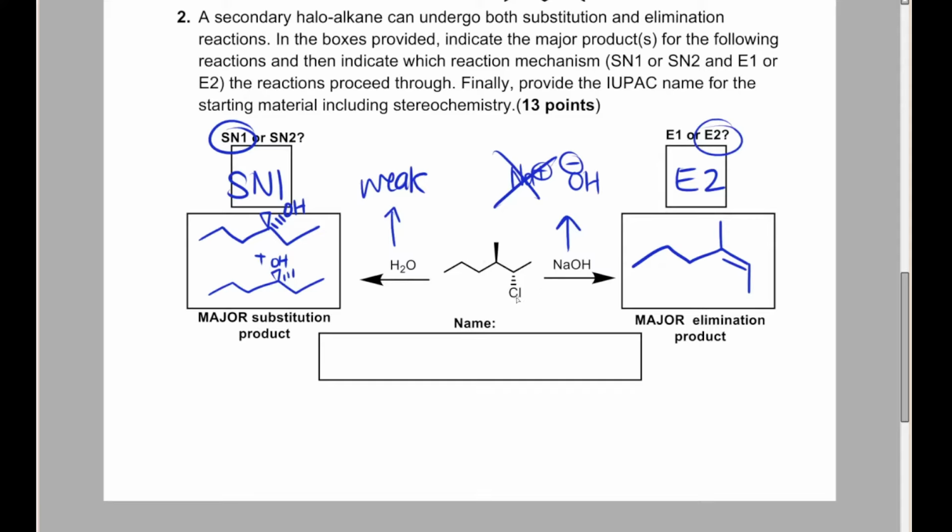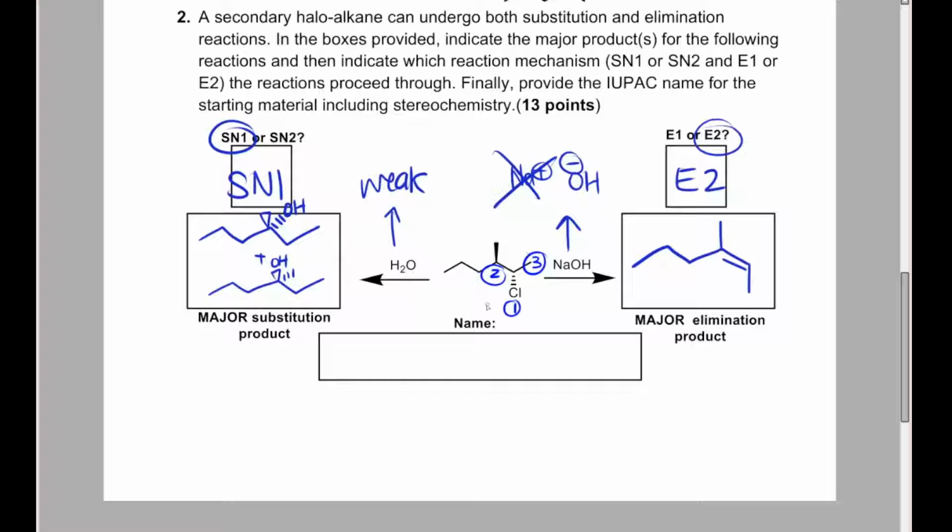So obviously the chlorine is going to be the first group. The next largest group would be this left side with this methyl, and then the rest of the parent chain. And then finally, the least priority substituent for this carbon atom will be on the right side of the carbon.